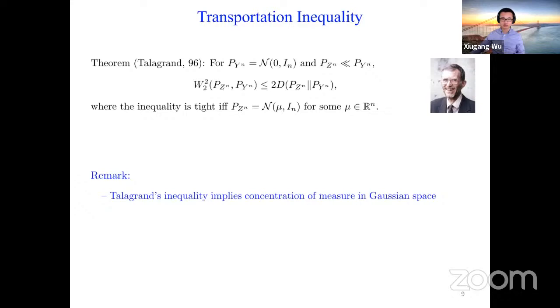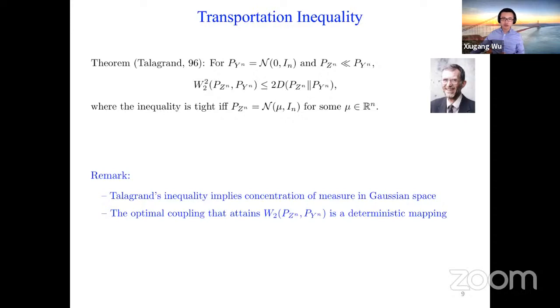Okay, so that's the first remark. And also it's worth mentioning, going back to Salim's question, or someone else's question, that even though here we have relaxed the definition of Wasserstein distance to allow for all the random mappings from Z^n to Y^n, right?